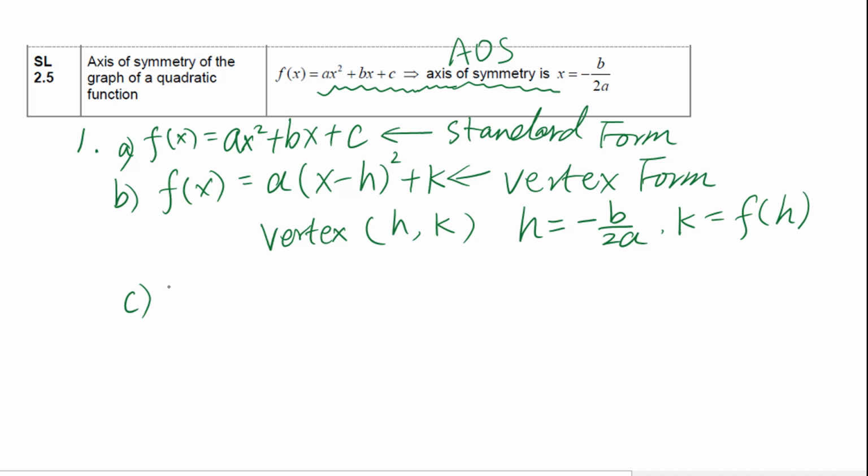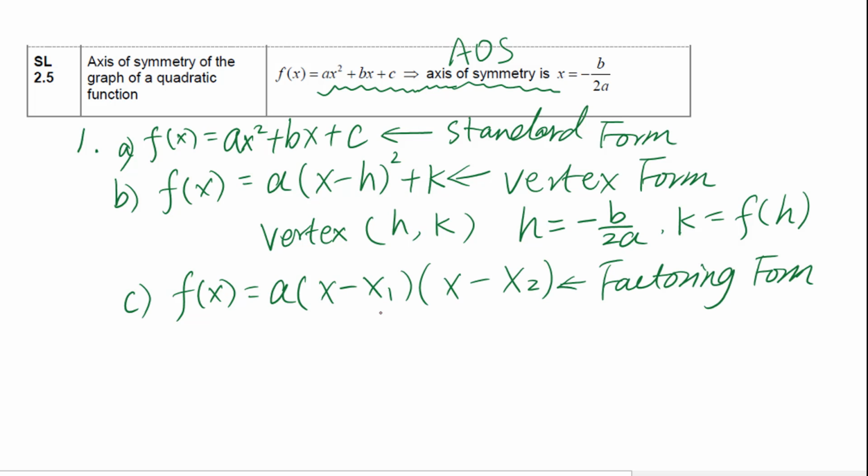Also, we have a factoring form. F of x equals a(x minus x1) times (x minus x2). We know this h equals negative b over 2a. It also equals the midpoint of x1 and x2, which means (x1 plus x2) over 2.